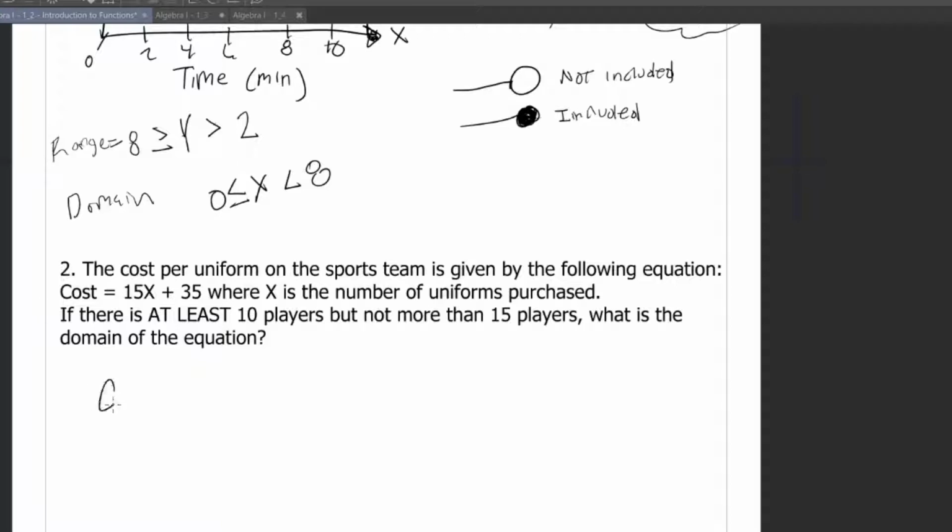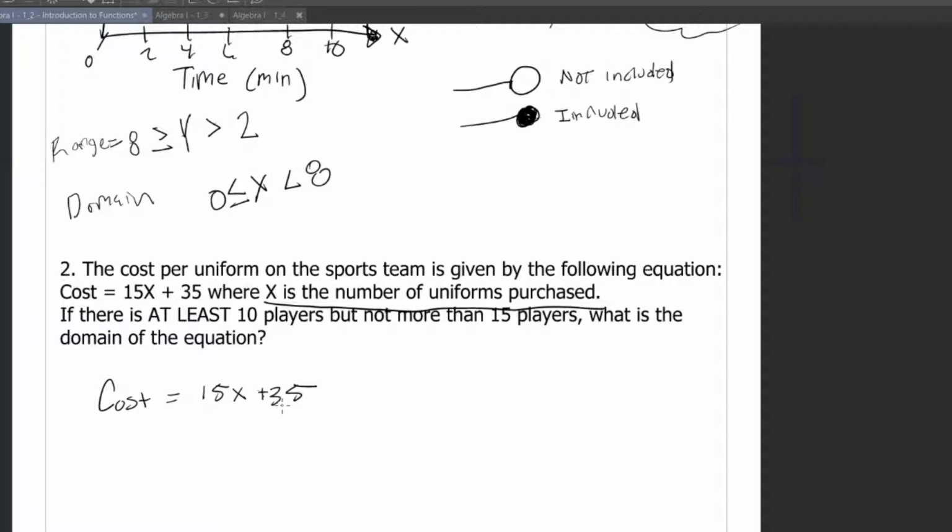So this is saying that the cost that the team's going to spend is equal to 15x plus 35. What is the description of this? X is the number of uniforms purchased. So they're saying it is $15 per uniform purchased, x, plus 35. So this 35 could be a registration fee, a team sign-up fee, whatever it is, or just a baseline cost.